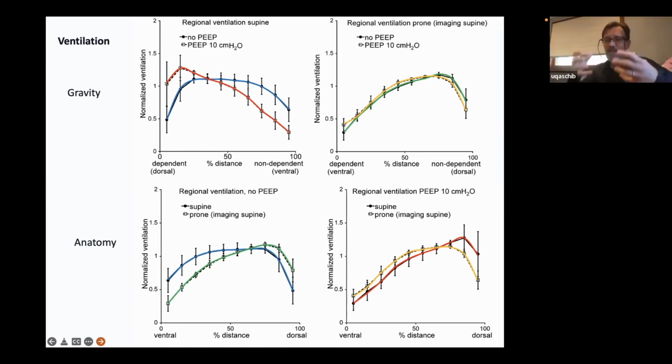But as soon as we paralyze a patient, the whole paradigm of gravity-dependent ventilation is thrown out, because the position of the diaphragm and the configuration within the chest is much more determining of where the ventilation is distributed. And for those who are familiar with a very old paper, they described this in ventilated patients.